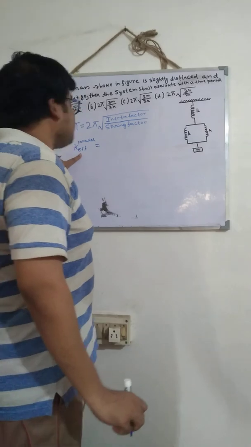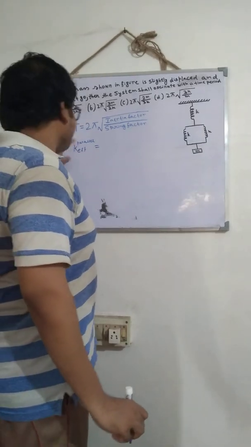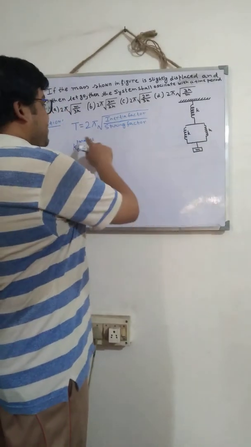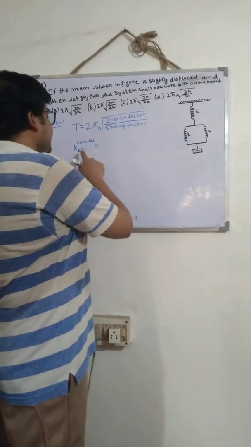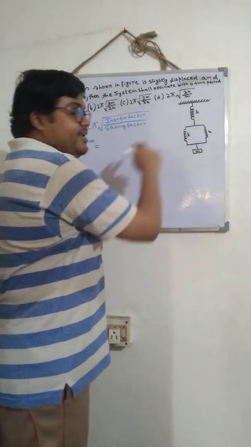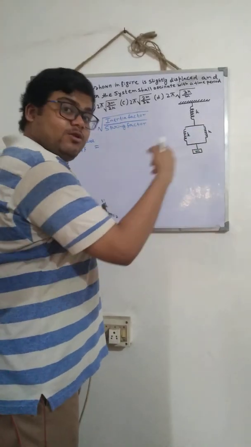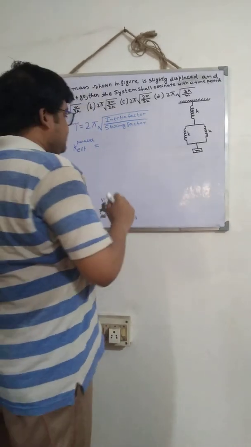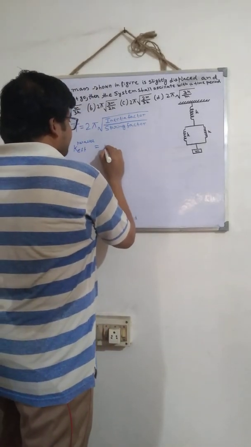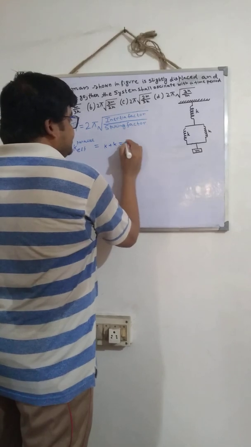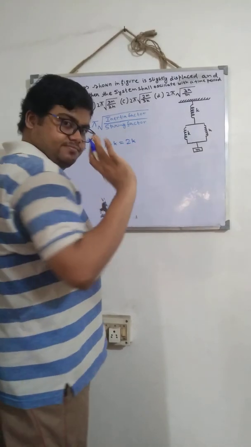The K parallel means these two are in parallel connection. Effective means when they are connected in parallel, what is the effective value of K? That is the spring factor. It comes out to be K plus K, that is equal to 2K. Clear?